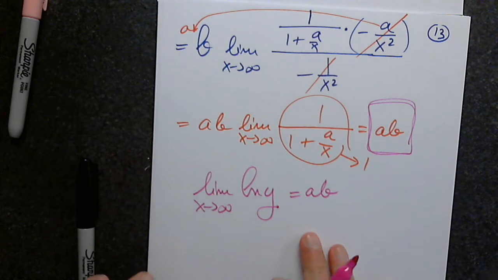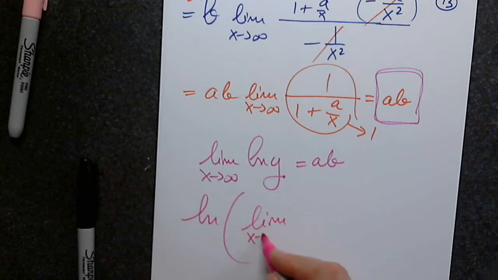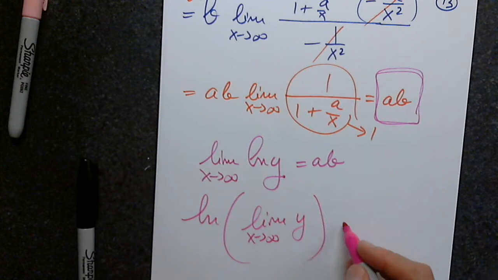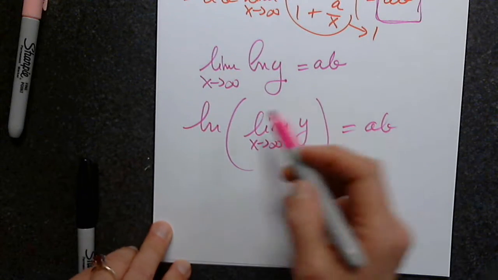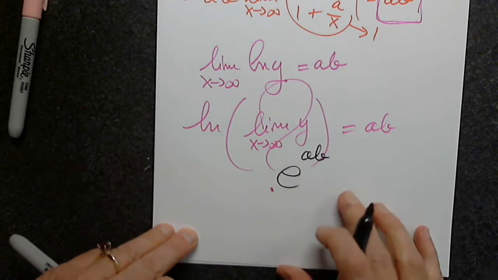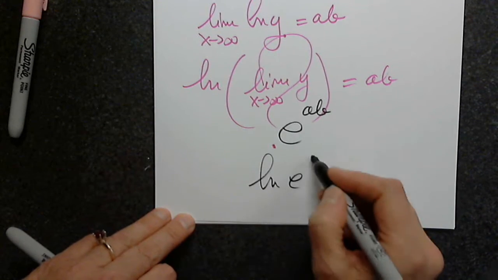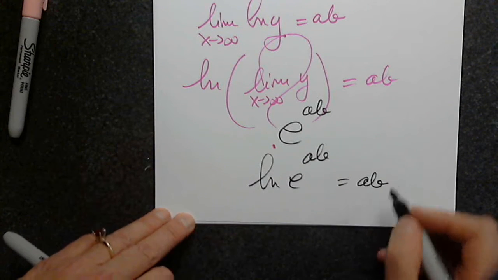So we have natural log of the limit as x approaches infinity of y equals AB. And the question is, what can this be? So e raised to AB. Because only natural log of e raised to AB brings AB in front. Natural log e is 1, and we get AB.